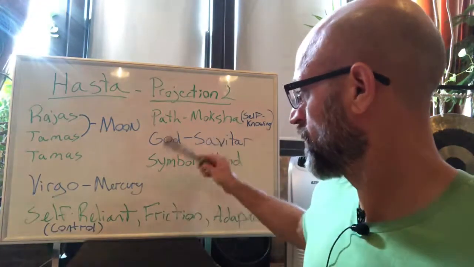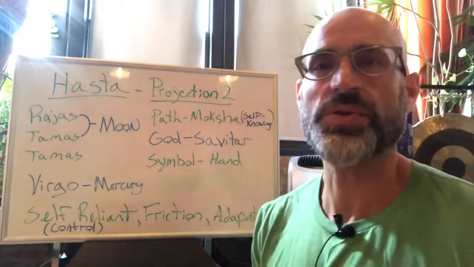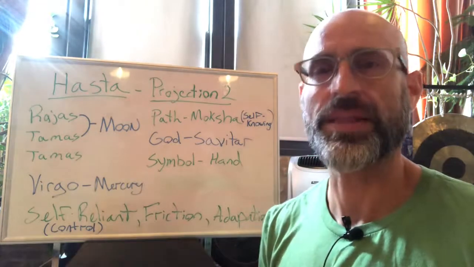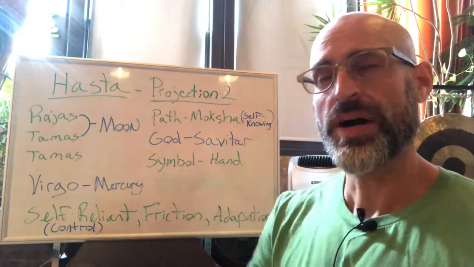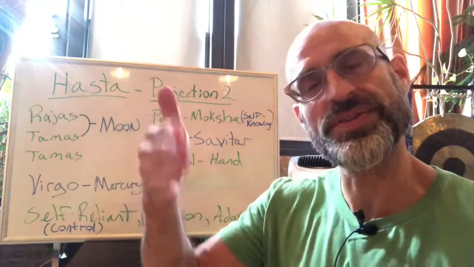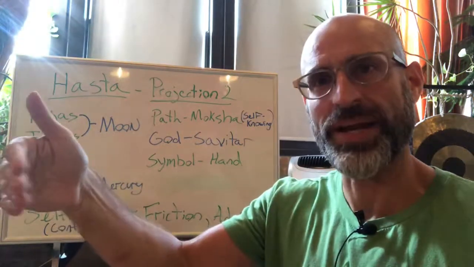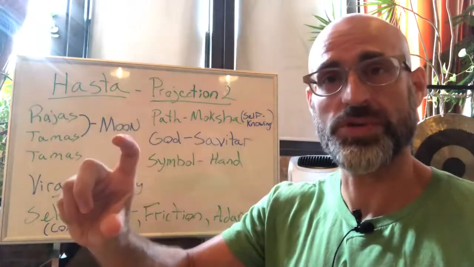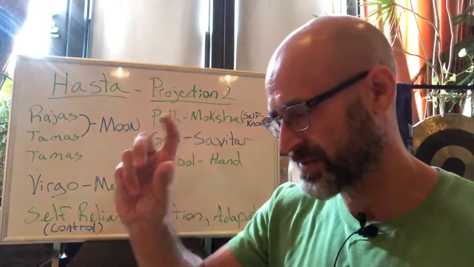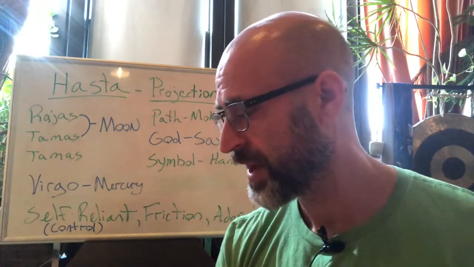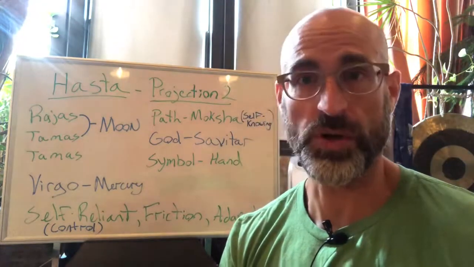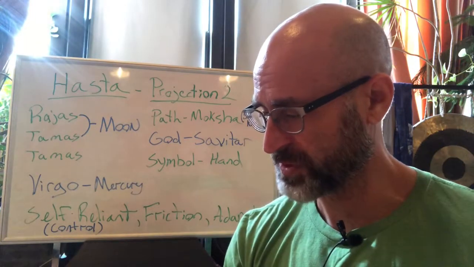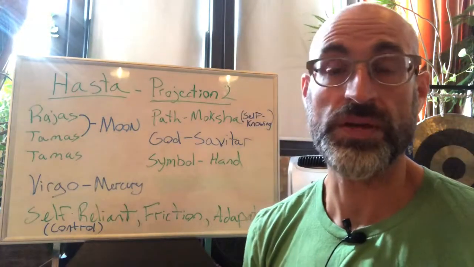So this idea of adaptation also comes from the fact when you look at what they call the padas. Now the padas are the 4 parts each nakshatra is separated into. Each one of these padas has a planetary rulership. In this particular case, just so I don't get them out of order here, the first pada is ruled by Mercury, the second is Venus, the third is Mars, and then finally the 4th is the Moon.